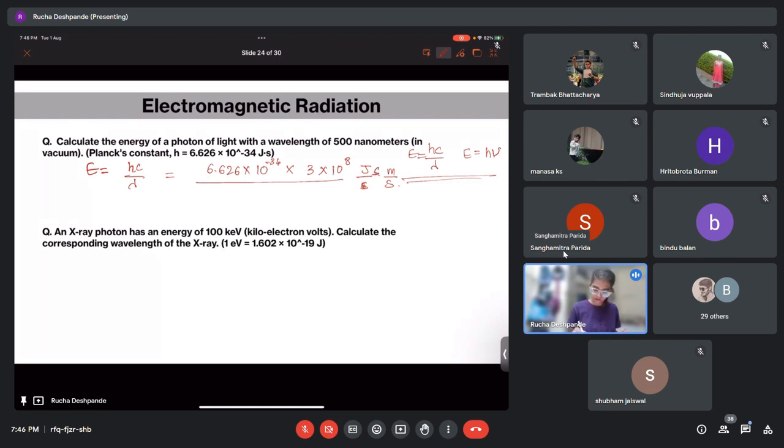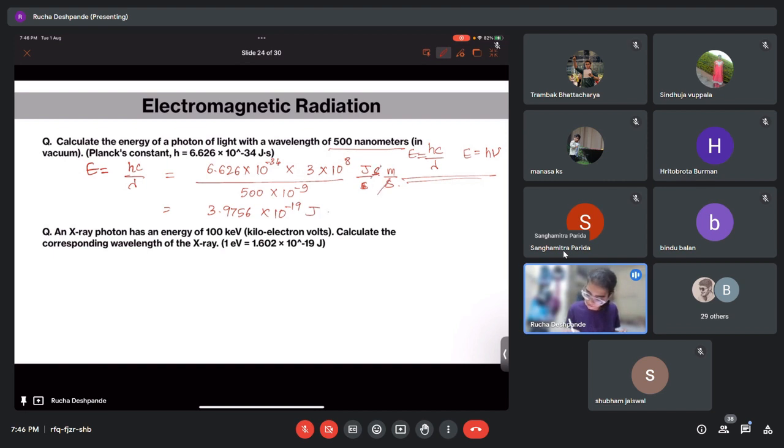This is joule second, and here you have meters per second. Then 500 nanometers will convert to meters, so 500 into 10 to the power minus 9. I did this calculation and it's around 3.9756 into 10 to the power minus 19 joules.